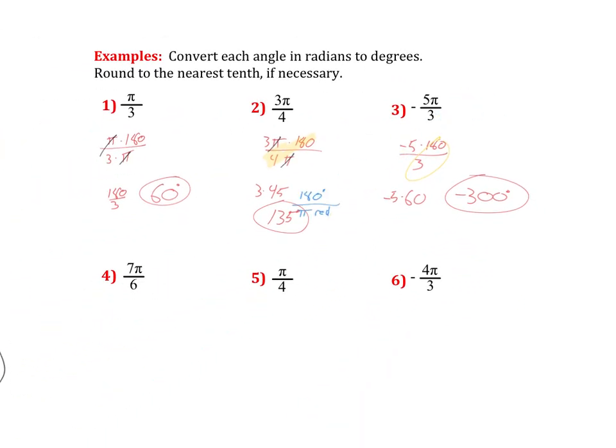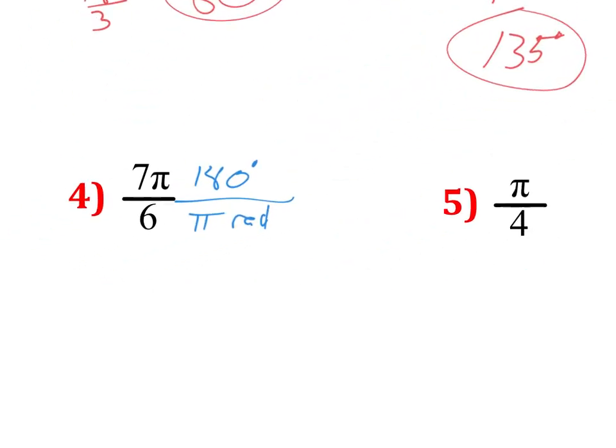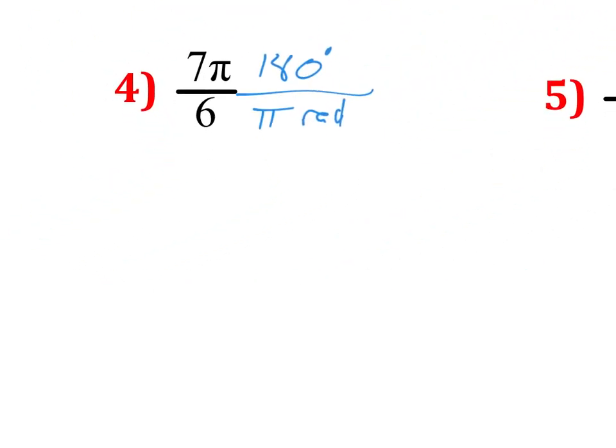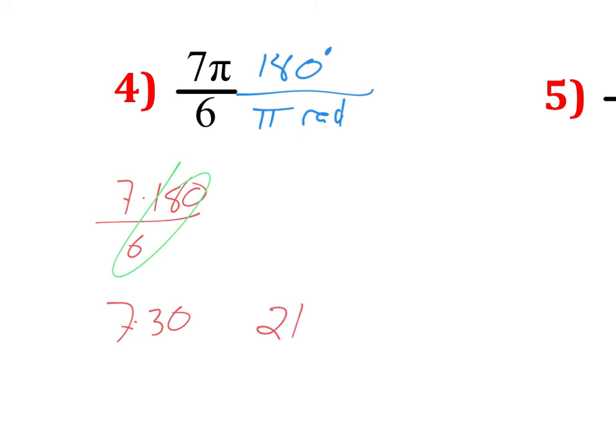Onward we go. 7 pi over 6, if I multiply by 180 over pi, pi's cancel. So I'm going to have 7 times 180 all over 6. 180 over 6 is just 30. So I've got 7 times 30. That'd be 210 degrees.